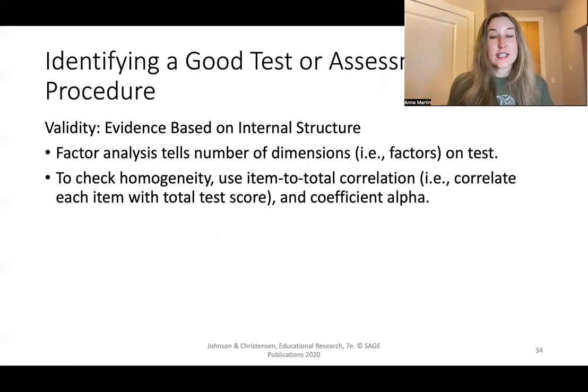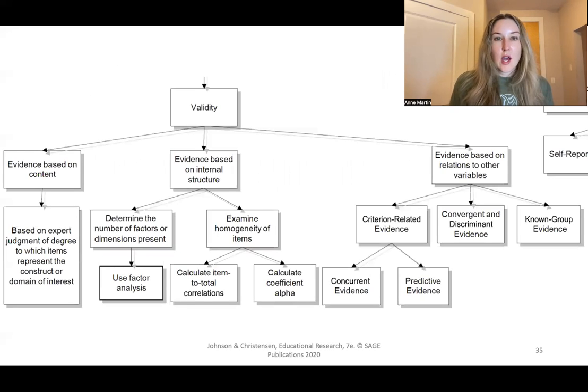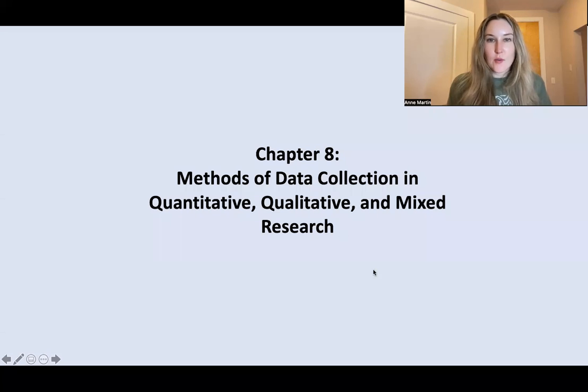The factor analysis tells the number of dimensions that you are going to have. And this chart again goes into validity and the different sources of evidence that you can use to determine validity. So you can use this to guide your studying as well.